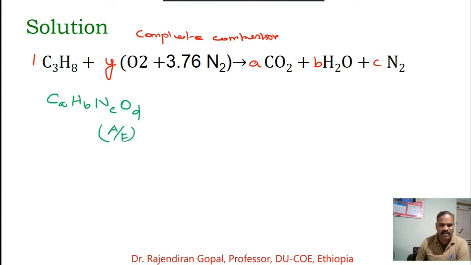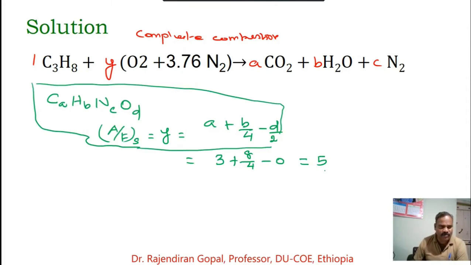For complete combustion, the stoichiometric air required, which in this case we have given as Y, is equal to a plus b by 4 minus d by 2. So here a is equal to 3, and b is equal to 8, so 8 by 4, minus 0. We can get the air fuel ratio as 5.